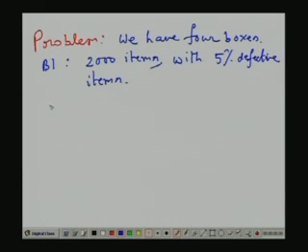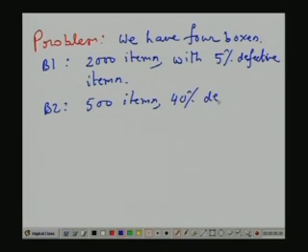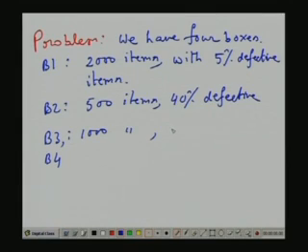B2 contains 500 items and 40% defective. B3 contains 1000 items and 10% defective.